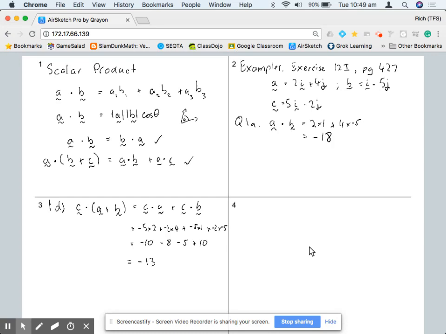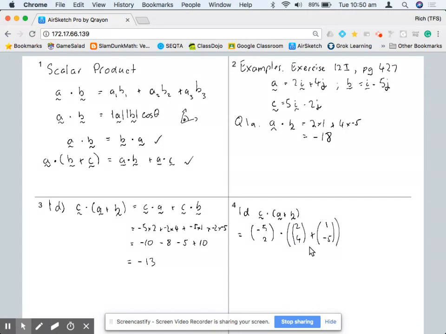Now, just for laughs, I'm going to do 1D again, and this time I'm going to do it like this. C vector dot product with A vector plus B vector is equal to negative 5, 2, going straight into column notation there, dot product with 2, 4 plus 1, negative 5.